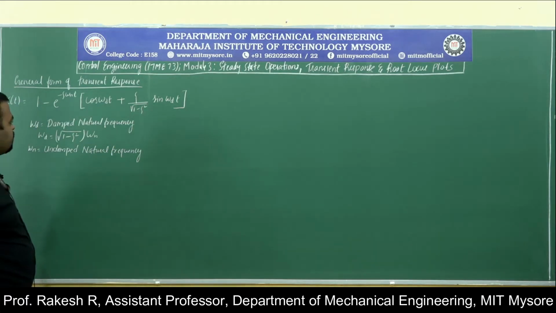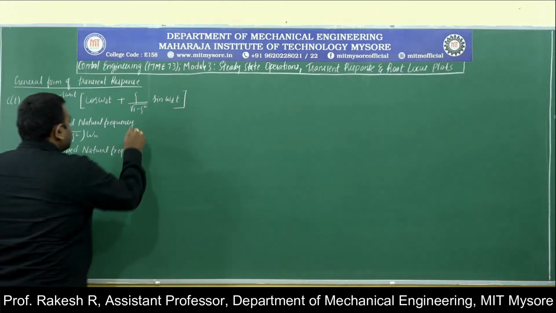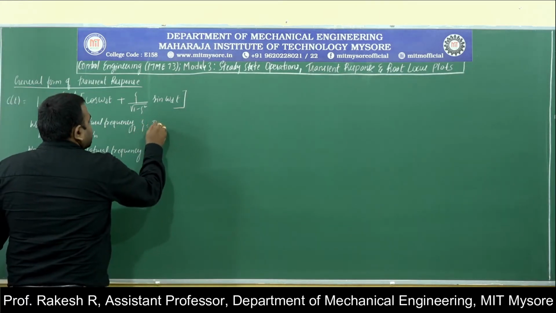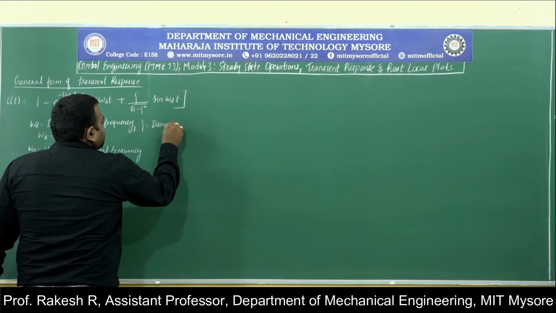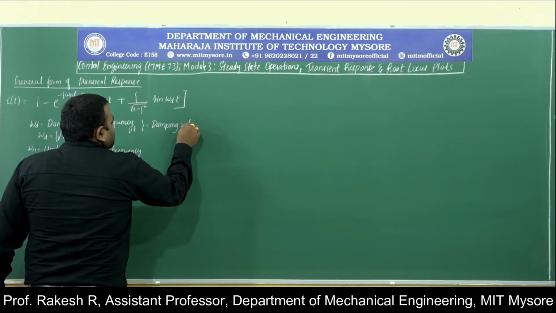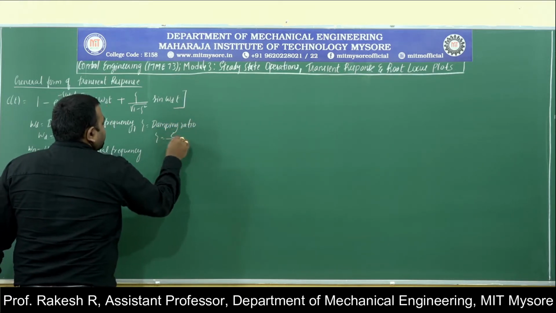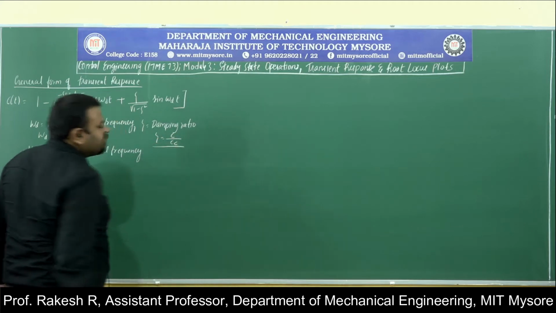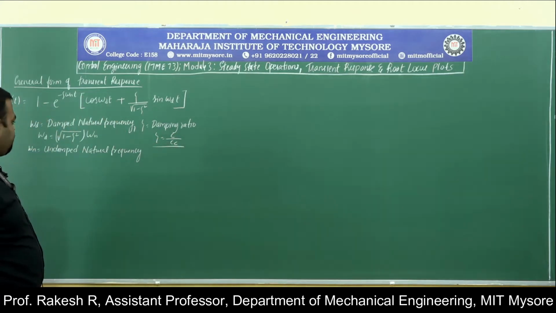Then zeta is nothing but the damping ratio, which is defined as the ratio of actual damping to the critical damping.